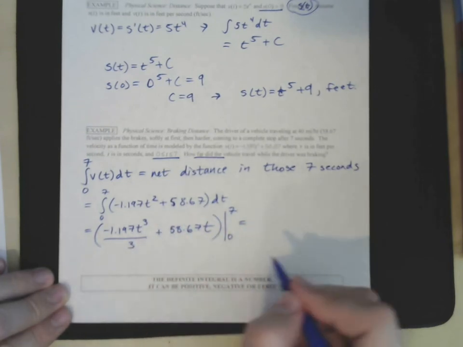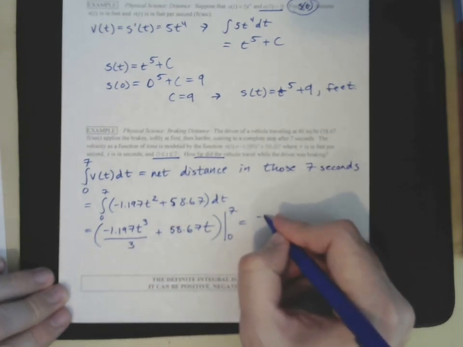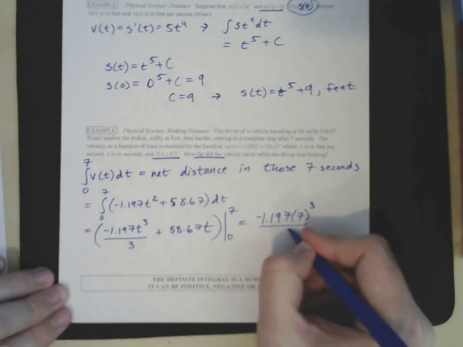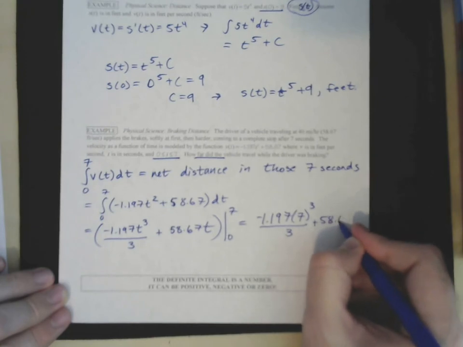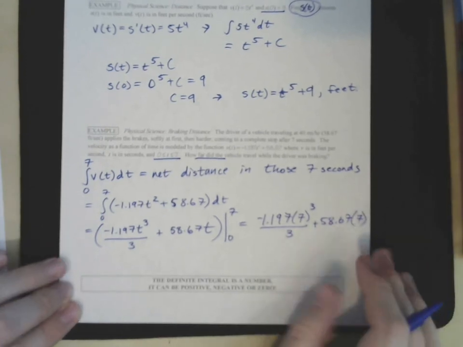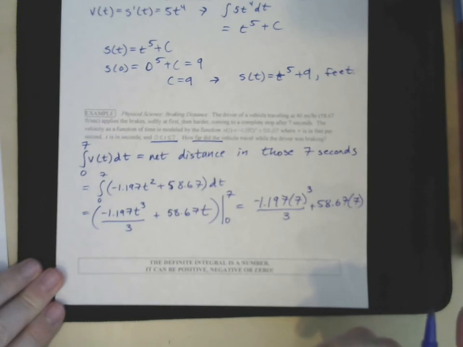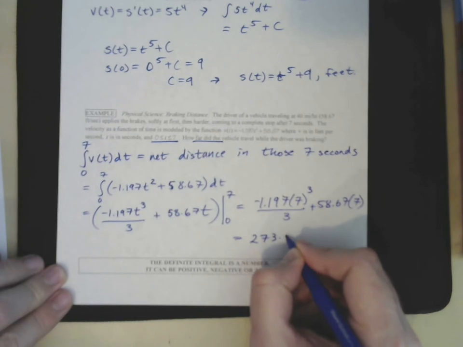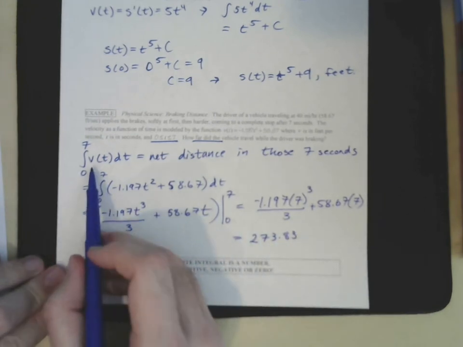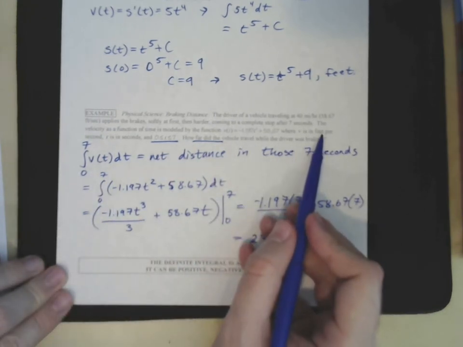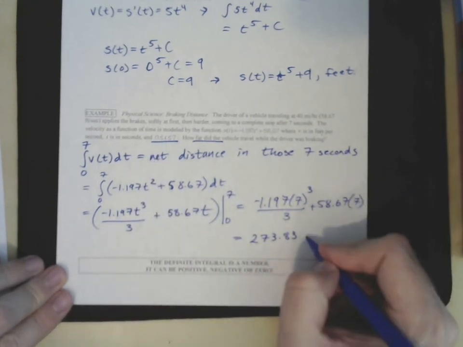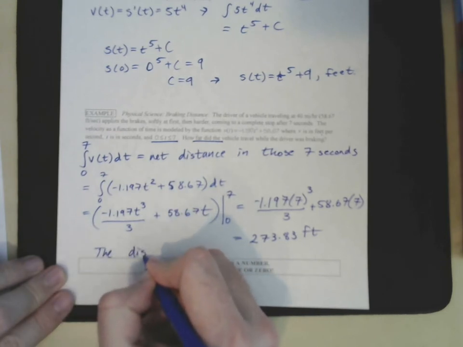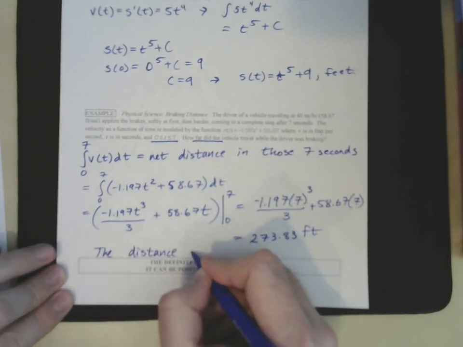If you have variables in every term, 0 cancels everything. So it's negative 1.197 times 7 cubed over 3 plus 58.67 times 7. And again, at this point, it's just a calculator problem. And so this, when you punch it in, you get 273.83. This is in feet because our position should be in feet. And this is the distance it took to stop.